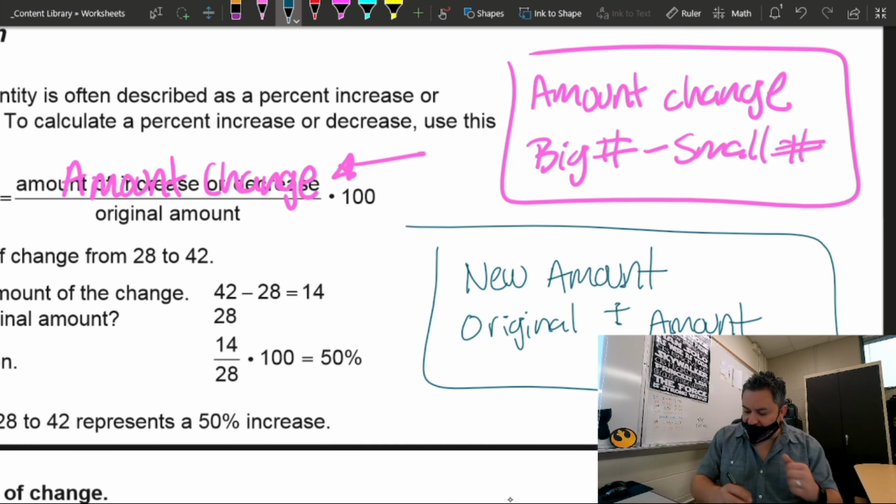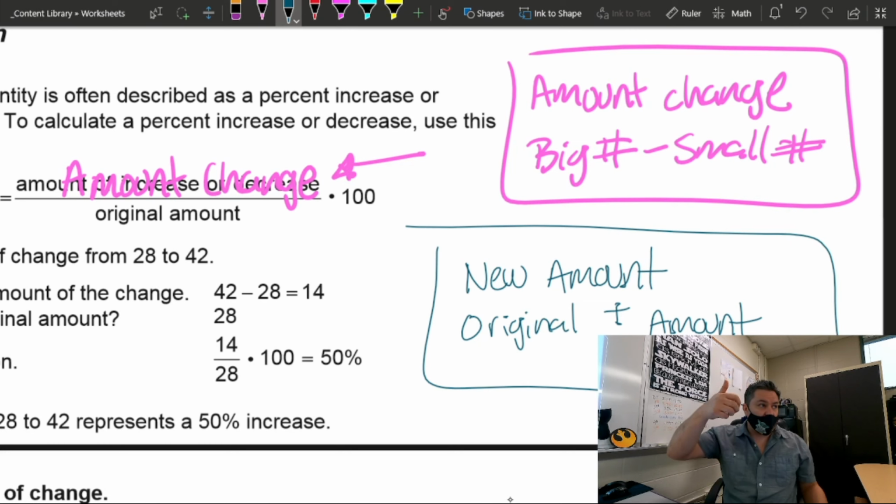That's the formula to find the new amount. So why do I have add or subtract the amount change? That's going to depend on whether it's increasing or decreasing. Common sense: if it increases, what do you think you're going to have to do to the amount change? Add. And if it decreases, subtract. That's why you have the two things, add or subtract the amount change, and that's going to be determined by whatever the question is.